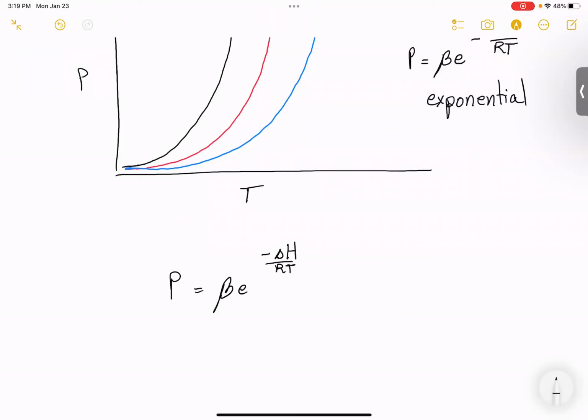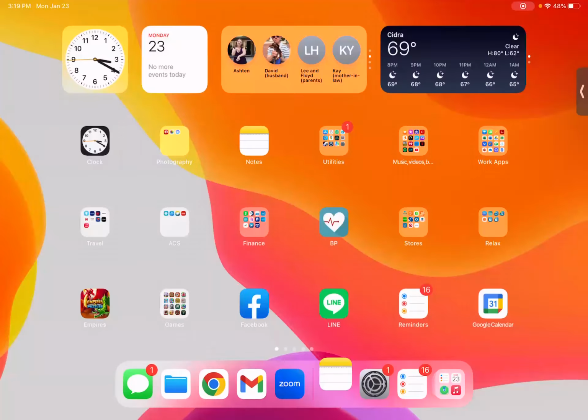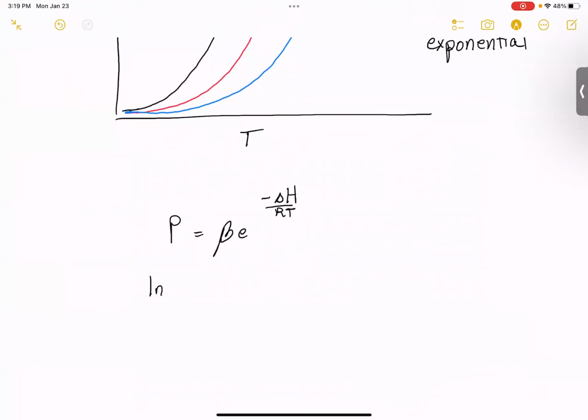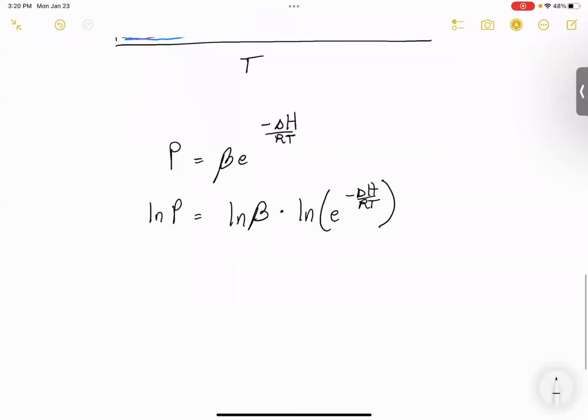And we can take the log of both sides. So we can take the natural log of the pressure is equal to the natural log of our constant times the natural log of e to the negative delta H over RT. Now, when you have natural log times natural log, it comes out to be a plus.